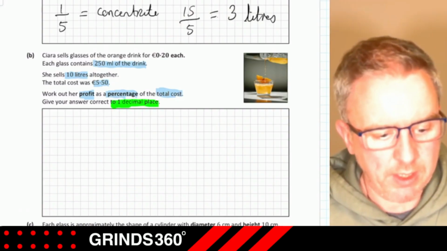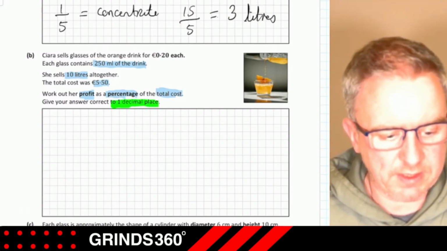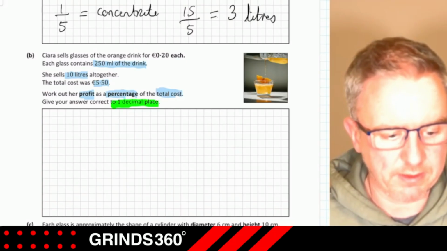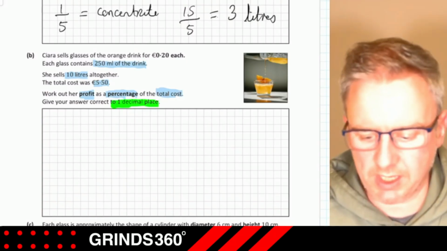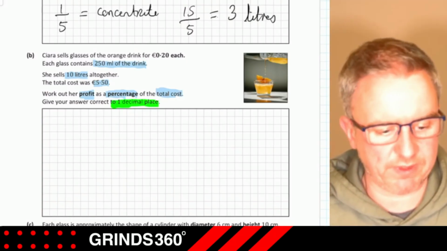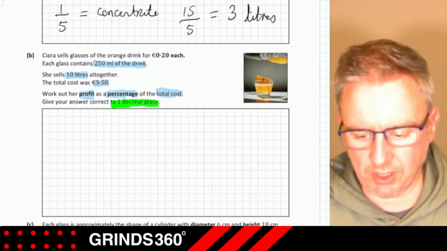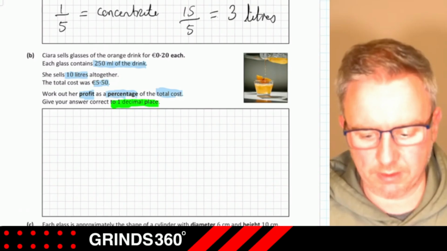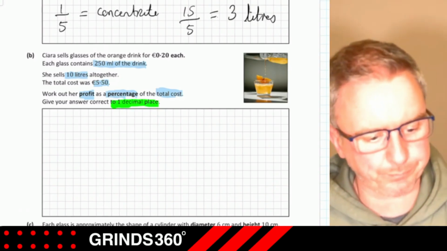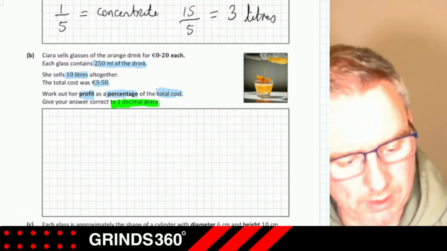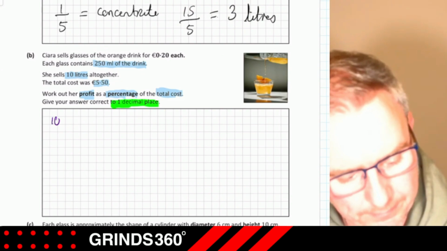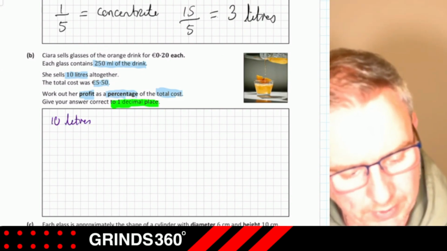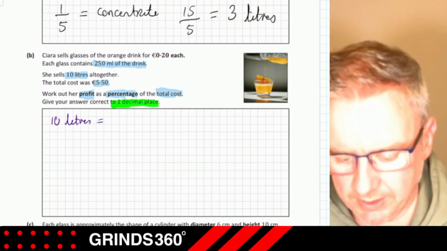So our first thing is to figure out how many glasses she actually sells, okay? So each glass contains 250 millilitres. So now our job is to come along and say, well, look, how many millilitres are going to go into this, okay? So when we talk about our 10 litres, I need to convert that to millilitres first.